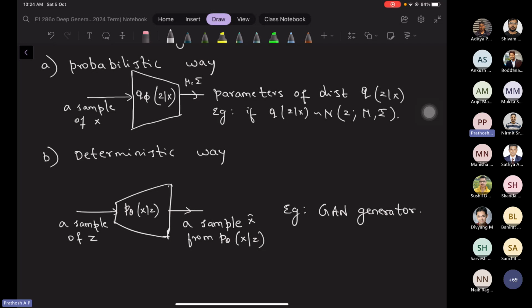The variability in the generated data comes because Z has randomness in it, because Z typically is sampled from a Gaussian distribution. That's why different Z will give you different X's. But post training, a GAN generator, or for that matter any neural network, is a fixed function. For a given fixed input, it will give you a fixed output. There is no stochasticity in a neural network by design.